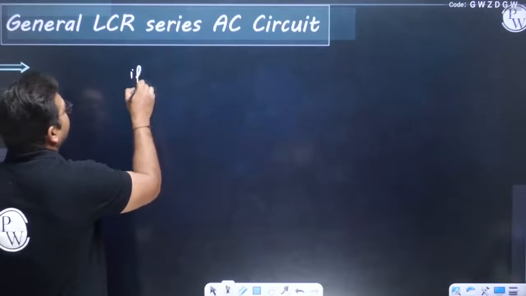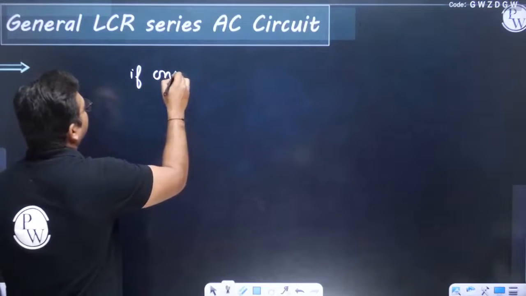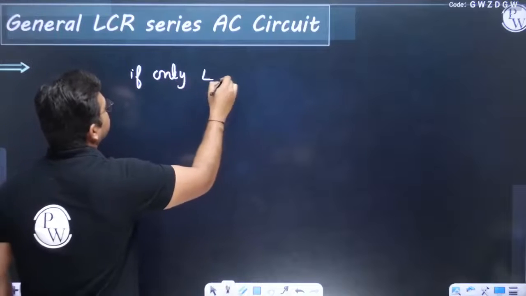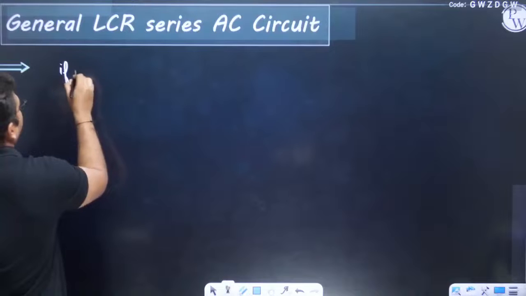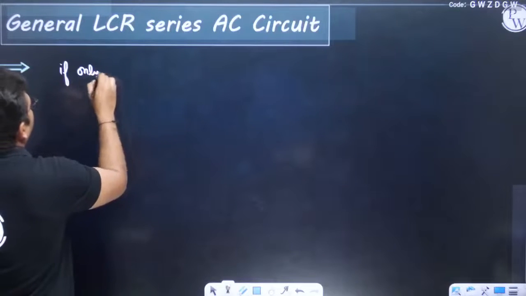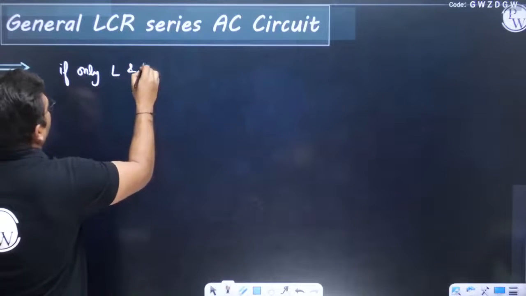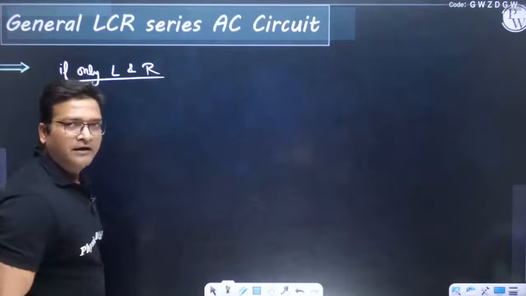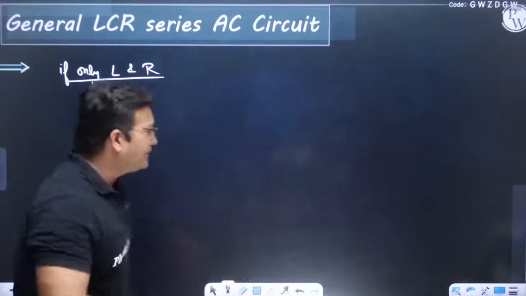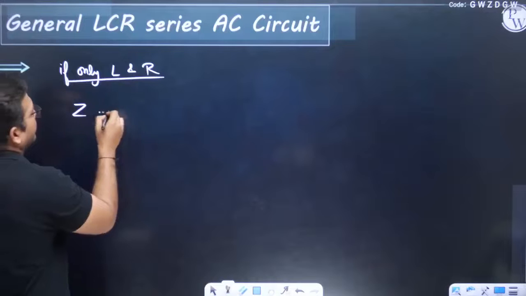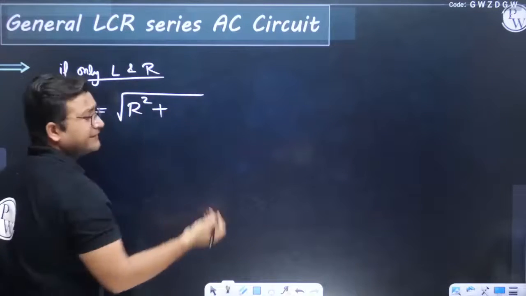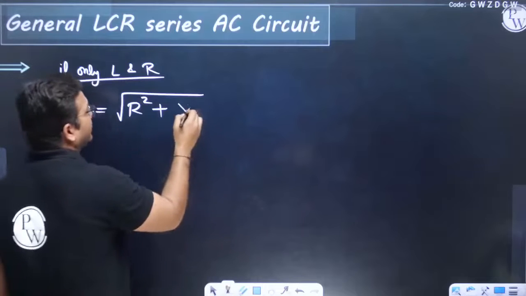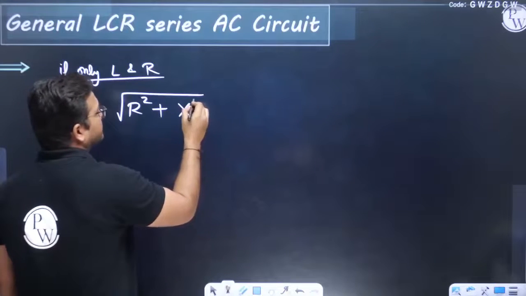If we have only inductor, let me write here, if only L and R are present, the Z will be equal to square root of R square plus XL square, because the reactance has only one term XL.